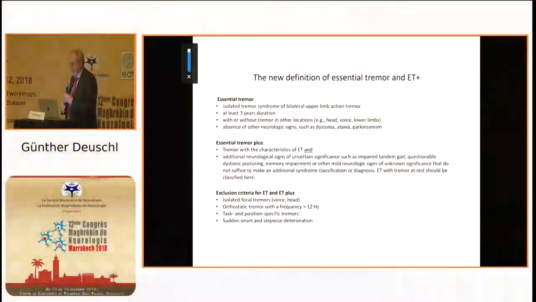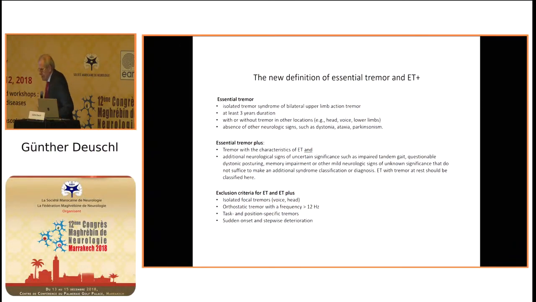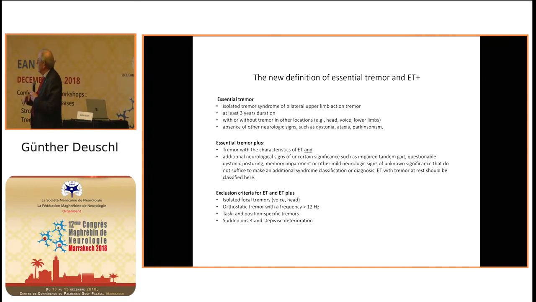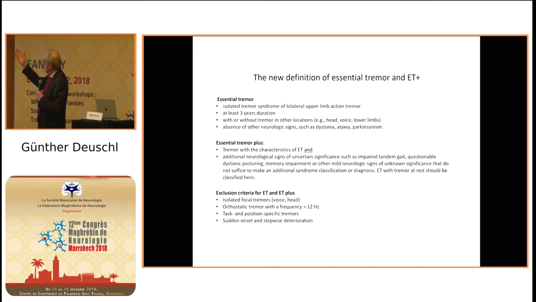And the definition of essential tremor has been renewed. Before we had isolated tremor syndrome of bilateral upper limb action tremor. So with the emphasis on bilateral, that has always been to exclude all these enhanced physiological tremors.